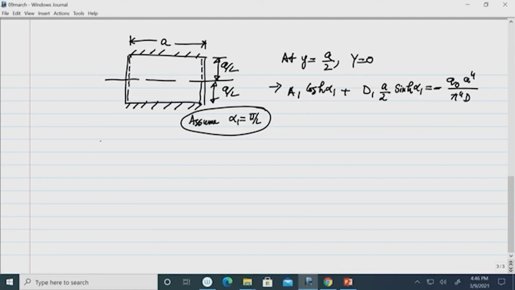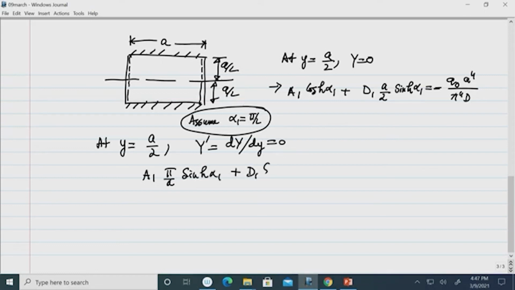The second equation we get at y equal to a by 2, y dashed, that is the first derivative dY by dy, equal to 0. Using the first derivative, we get a1 pi by a sin hyperbolic alpha 1 plus the derivative of the product of two functions, which is the term associated with d1.